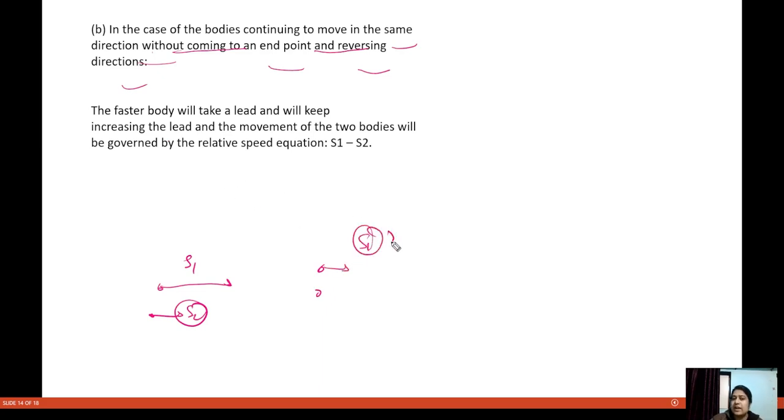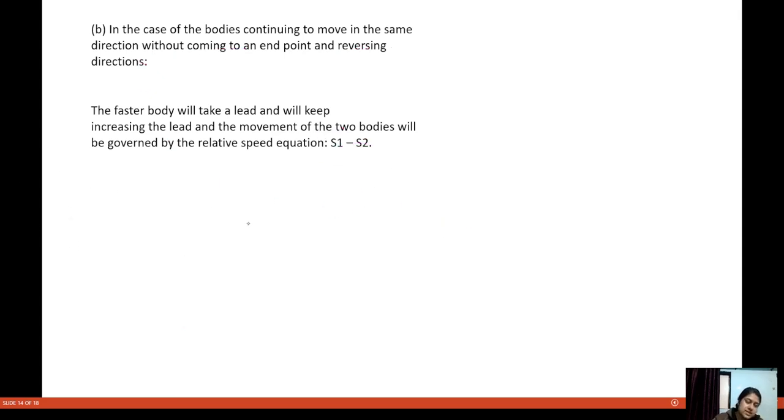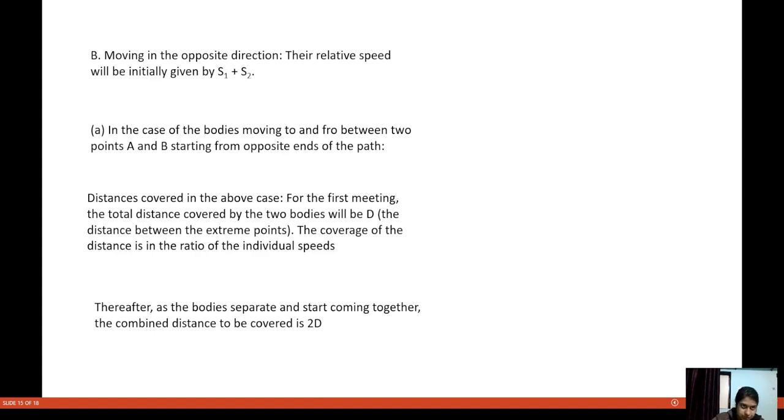The faster body, let us say s1, will take the lead and keep increasing the lead, and the movement of the two bodies will be governed by the relative speed s1 minus s2.